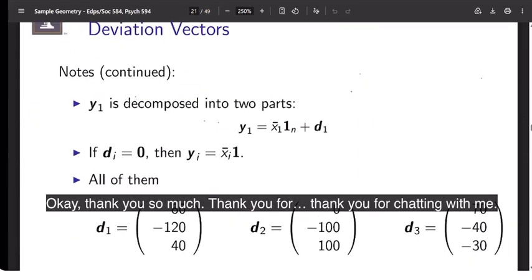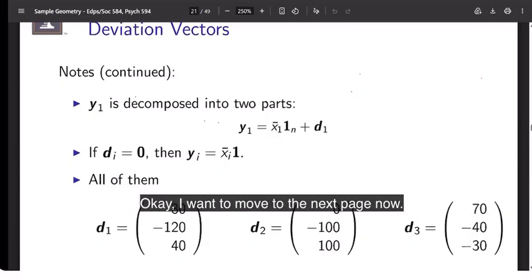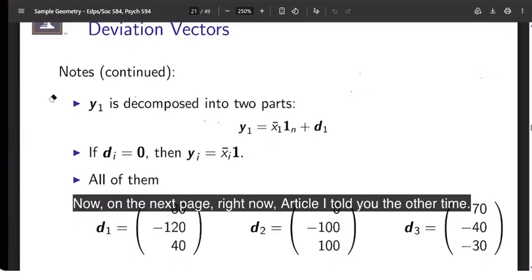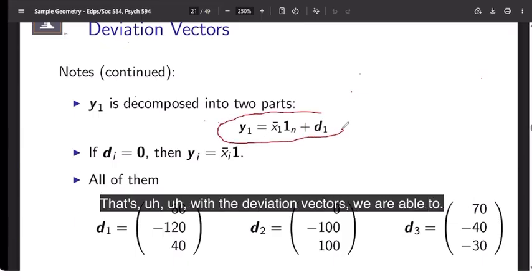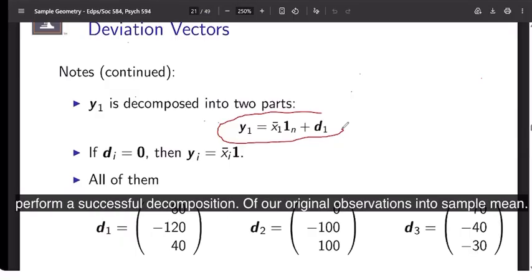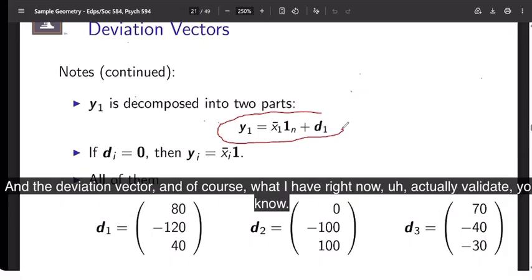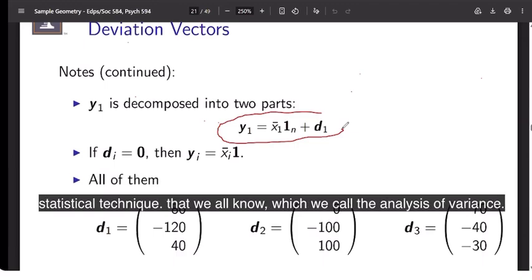On the next page, I think I told you the other time that with the deviation vectors, we are able to perform a successful decomposition of our original observations into sample mean and the deviation vector. And of course, what I have right now validates a statistical technique that we all know, which we call the analysis of variance.